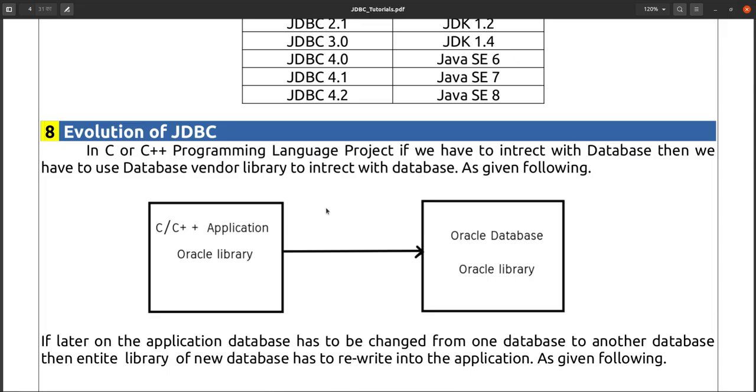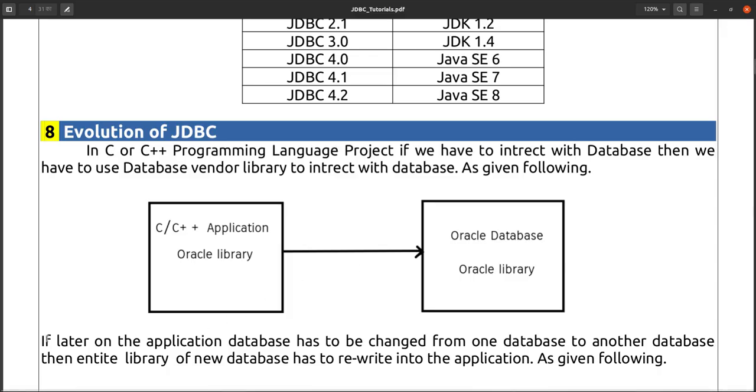Your application will directly communicate with the database. From this diagram, you see a C or C++ application using the Oracle library, because the application wants to connect to the Oracle database.